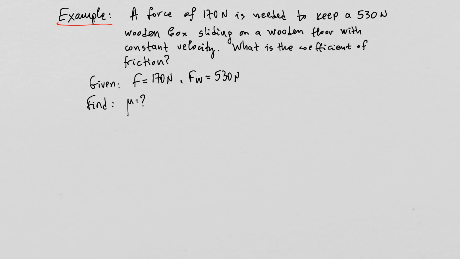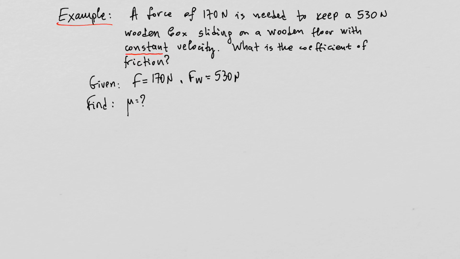Now, one thing that we don't know is what is the force of friction between the box and the floor. This is not stated. However, the wording in the problem tells us what the force of friction is. And this wording is that the box is sliding across the floor with a constant velocity. Okay, so constant velocity.